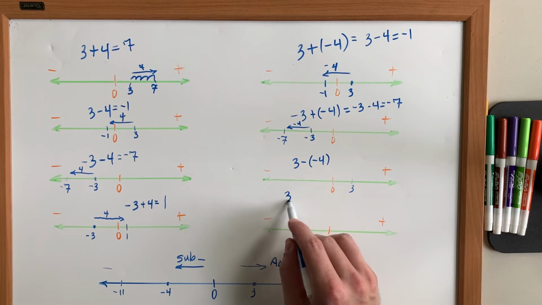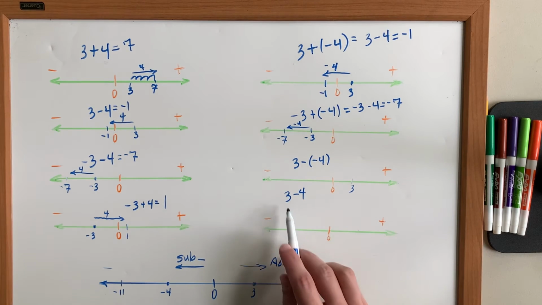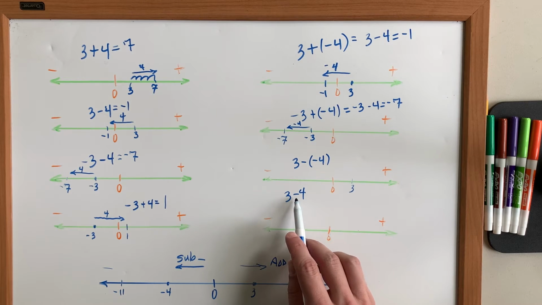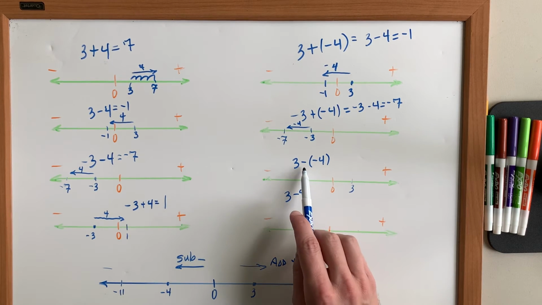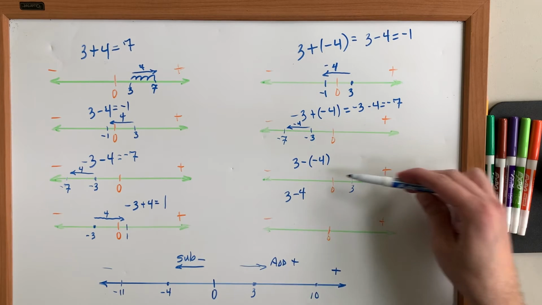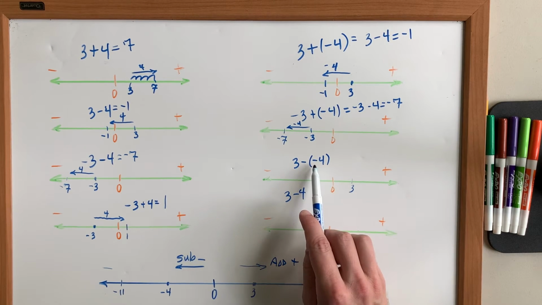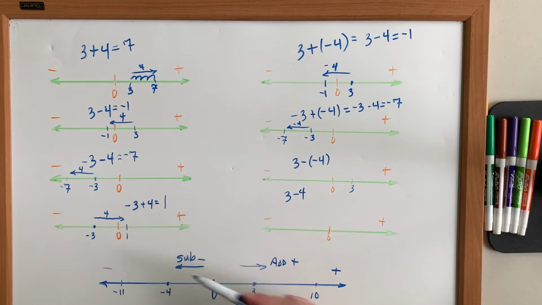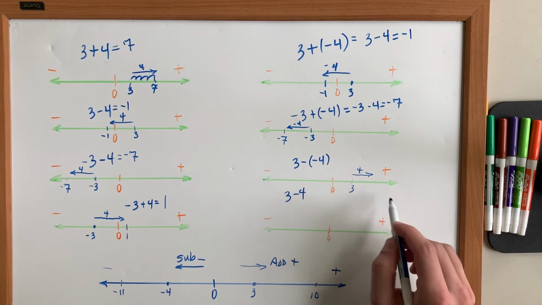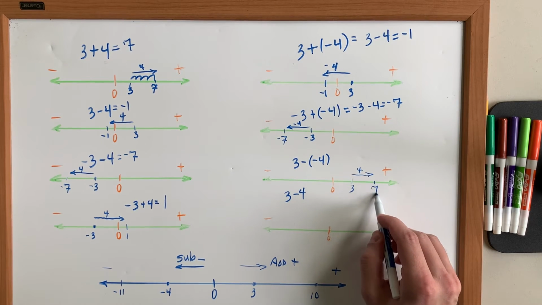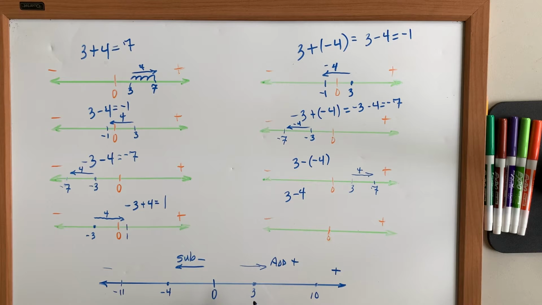If this said 3 minus 4, we would start at 3, and take away means move this way 4 units. But this says take away, move this direction, but now this opposite sign is going to change the direction, so we're going to end up moving 4 units to the right, like this. We're going to end up out here at positive 7.